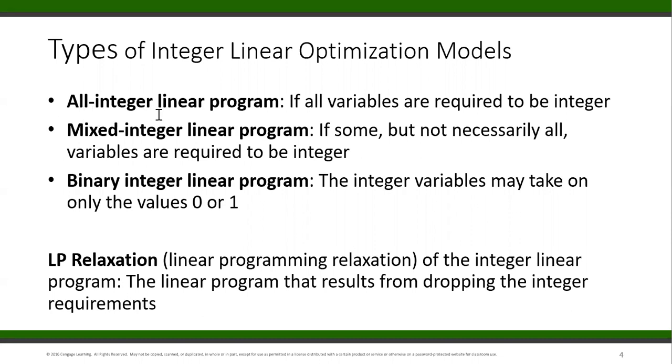All integer LP means that all the decision variables are integer. When you have a mix of both continuous and integer decision variables, that would be called a mixed integer linear programming. And usually these are the hardest, in terms of the time that it takes to solve them.